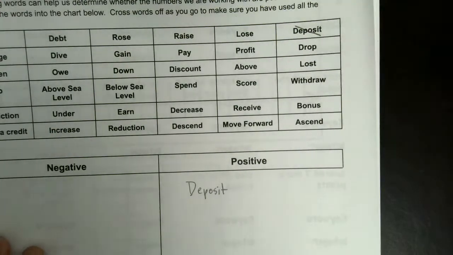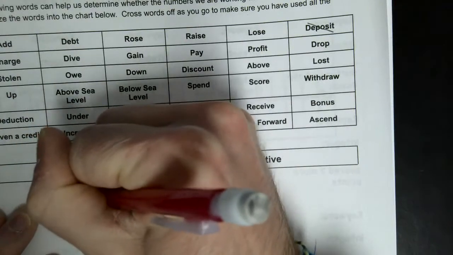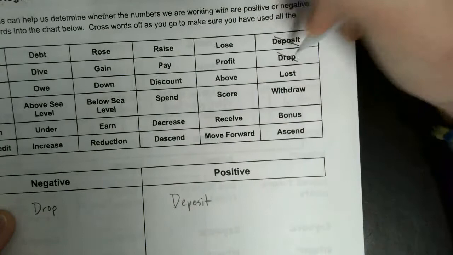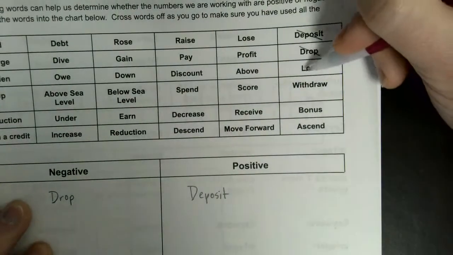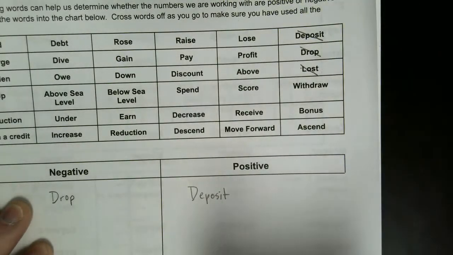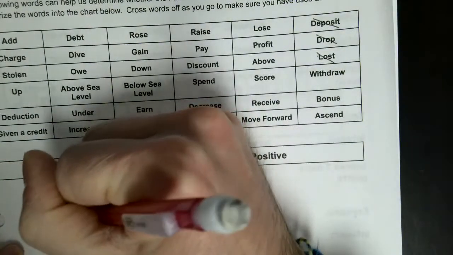Drop. A drop would indicate a negative. The number is decreasing, going into the negatives perhaps. So drop, negative. Lost. I would also think that lost, if you lose something, an amount of money or maybe even a pencil or two, a loss might be a negative number.